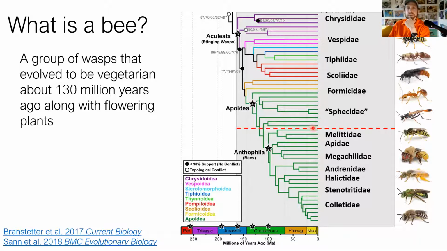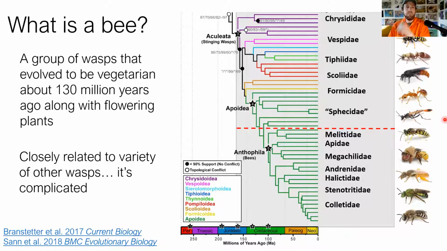There's a bunch of these other wasps here that are, in the grand scheme of things, closely related to bees. And actually, the evolutionary history of these is still being worked out. It's really complicated. Essentially, bees are a type of wasp, and they're closely related to lots of other wasps like these ones, and it's all quite complicated.